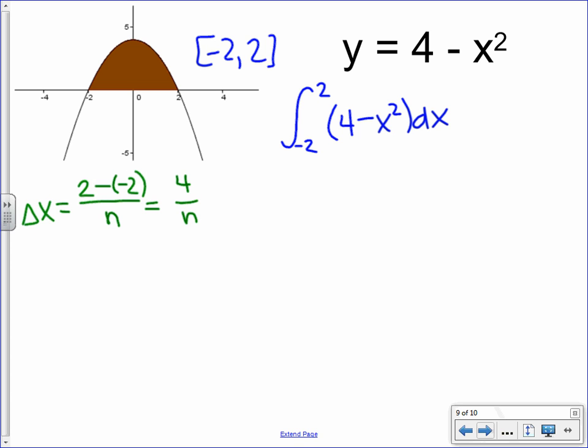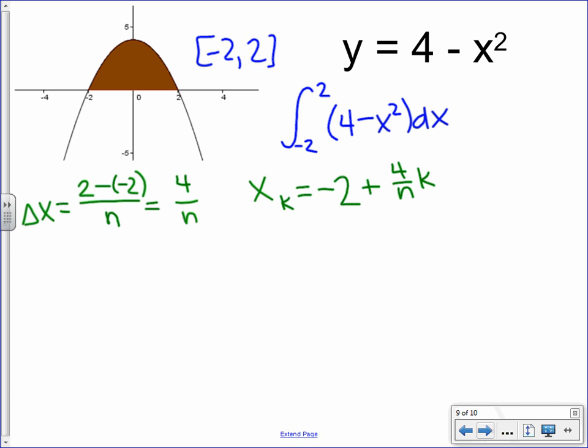Okay. Now we need to find x sub k. X sub k is a plus delta x times k, so 4 over n times k.